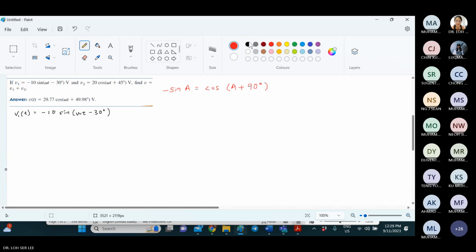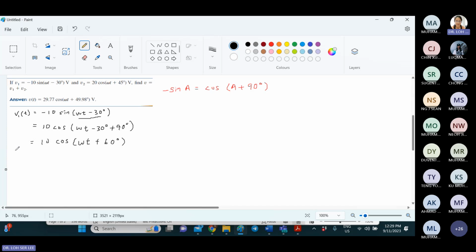So we have 10, the negative sine will be changed into positive cos, where the angle will be A plus 90 degree. So you get 10 cos wt plus 60.